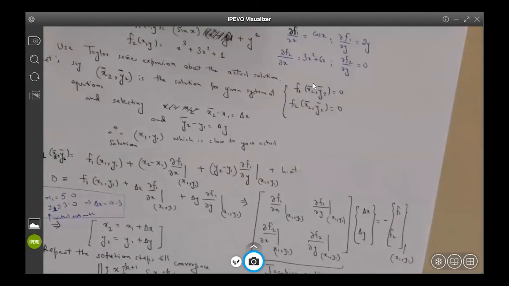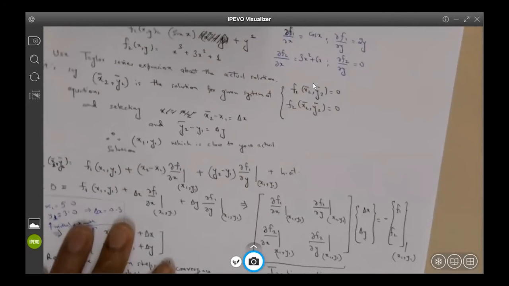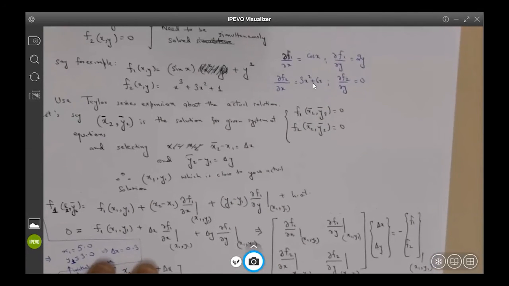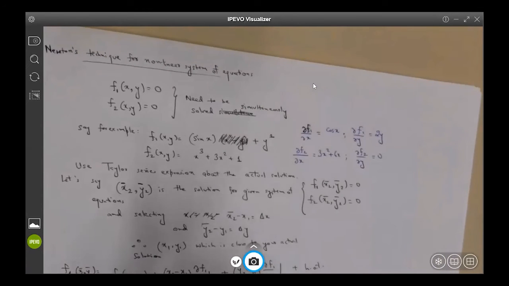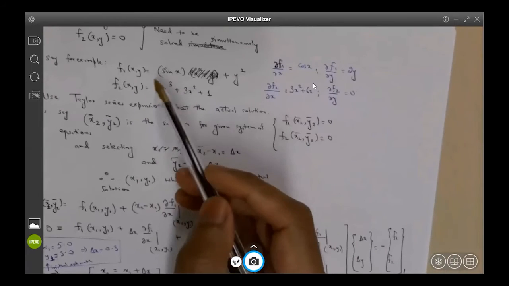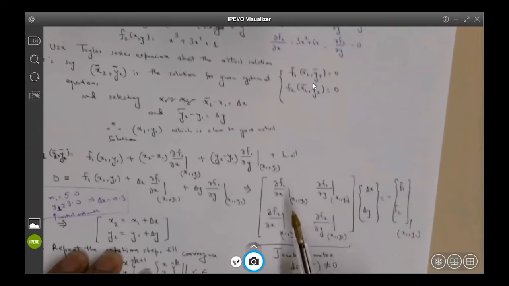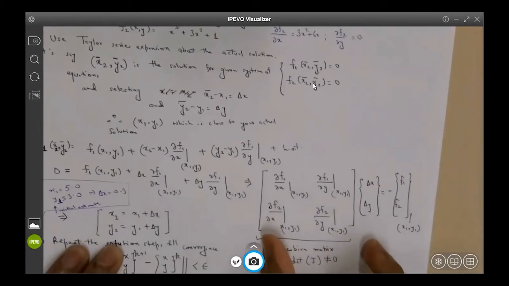Okay, any other question, guys? This method, professor, only works with two equations? No, it can work with any number of equations. If you have f3 as well, then the Jacobian will be 3 by 3. Then you will have del f1 by del x at x1, y1, z1, del f1 by del y at x1, y1, z1, and del f1 by del z at x1, y1, z1.